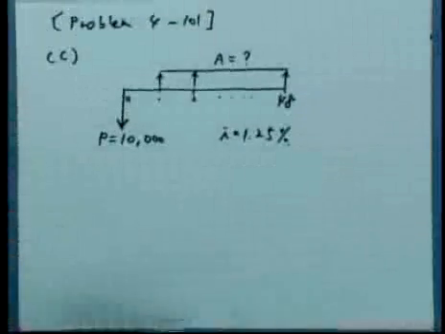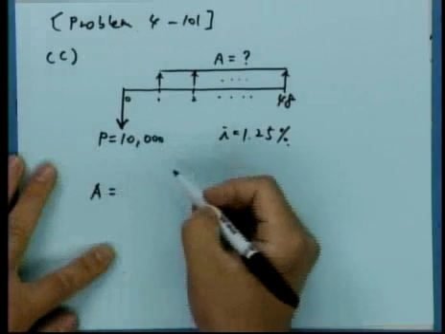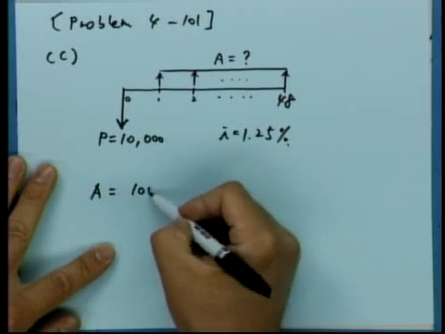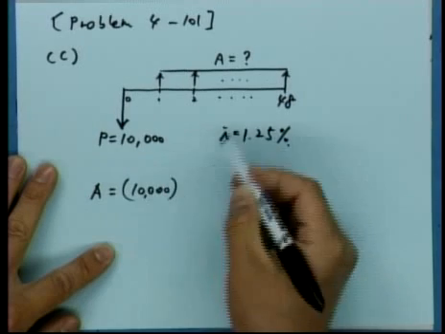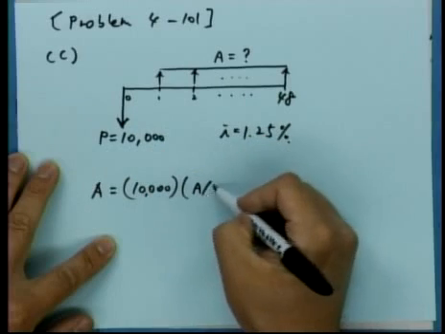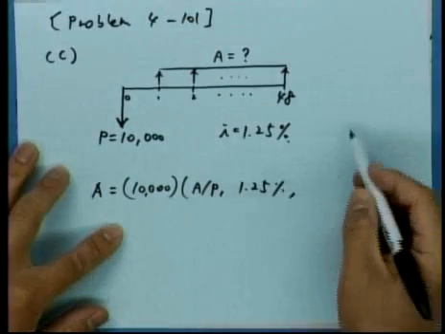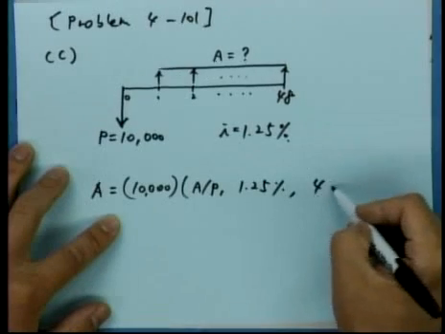So, how do you get A? A is 10,000 times A given P, right? A given P, at 1.25% over 48 periods.